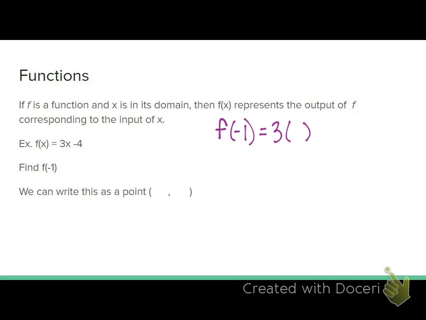Why am I putting parentheses there? Because we're multiplying. So I want to make sure I remember to do that. It's not just creating a new number. It's not going to end up meaning subtraction. We are multiplying 3 times -1, which is -3 minus 4, -7.